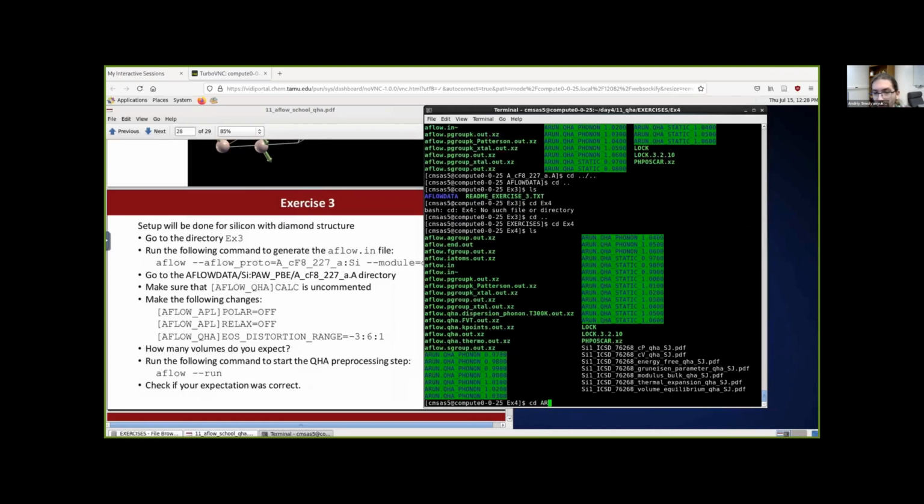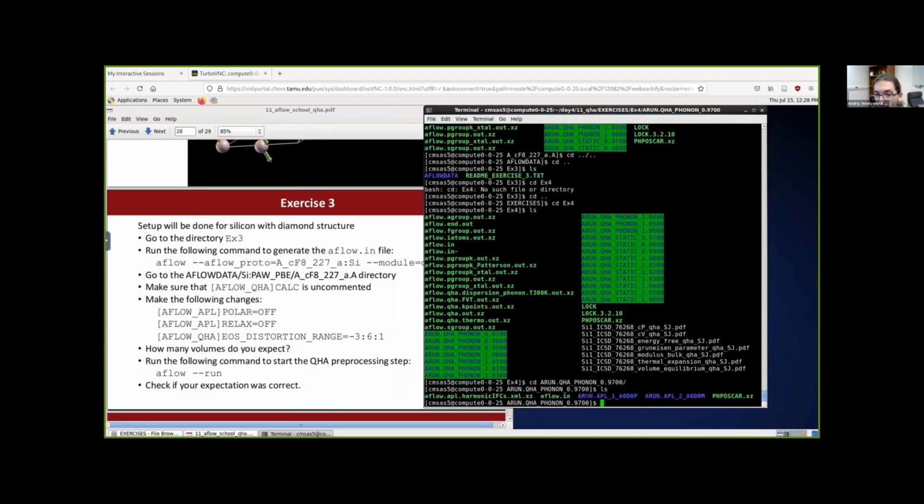So if you go to a phonon directory, for example, corresponding to 3% compression, you will see that you have phonon displacement directories created for you for a supercell. Here you have a harmonic force constant file, and you have AFLOW.in with APL uncommented for you.